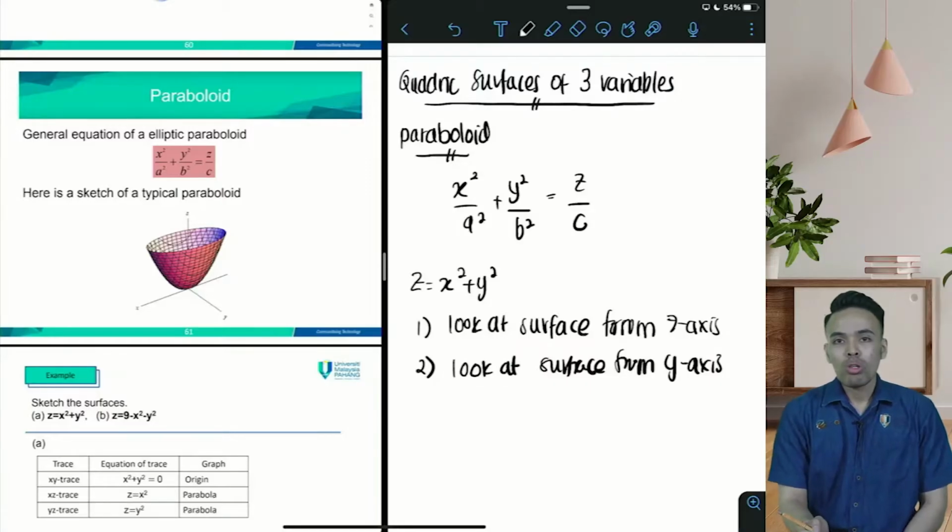When you look at your paraboloid from the y-axis, you will map your surface from 3D onto the xz plane in a two-dimensional coordinate system.